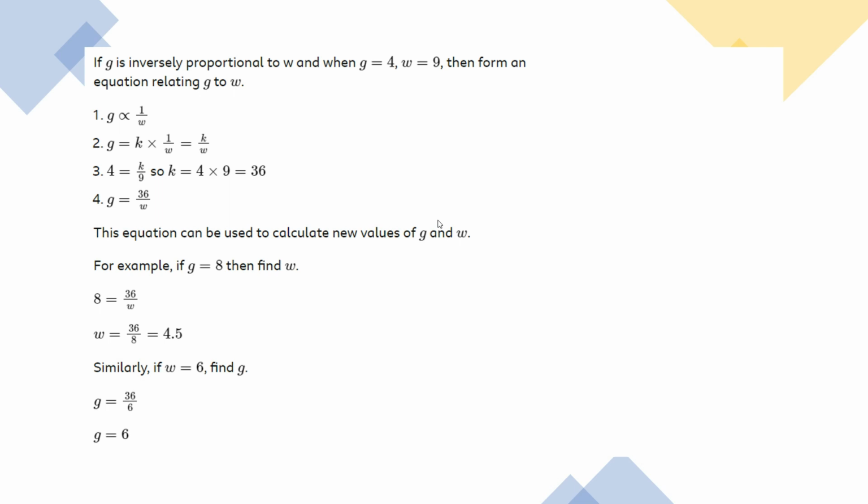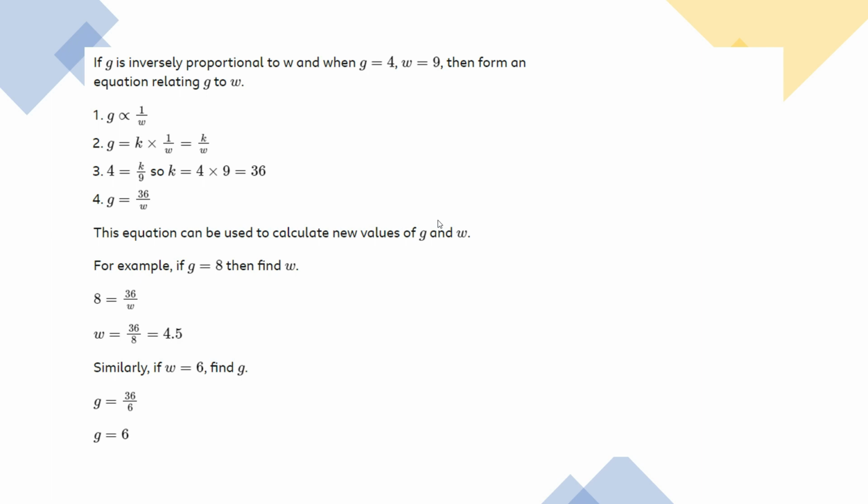Let's see a question. This question says, as you can see on the screen, if G is inversely proportional to W, and when the value of G is 4 and W is 9, then form an equation relating G and W. Same question as we have seen for the direct proportion.